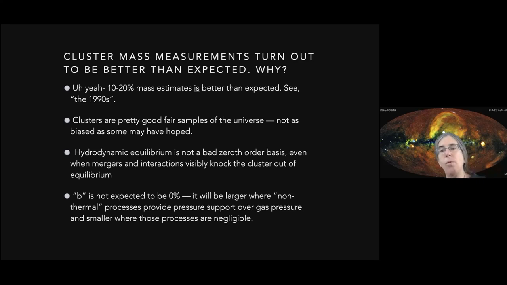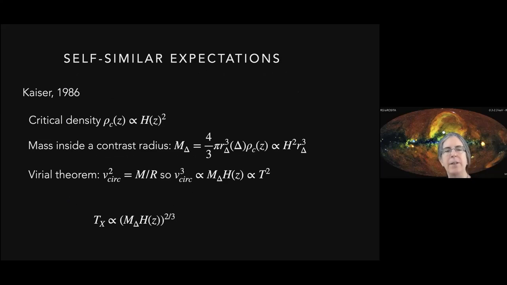So let's go way back and talk a little bit about self-similar expectations. Some of these slides will have a line showing what these expectations are, and I just wanted to walk you through what self-similar is and why we bothered to talk about it, even though it's obviously not correctly representing what happens.